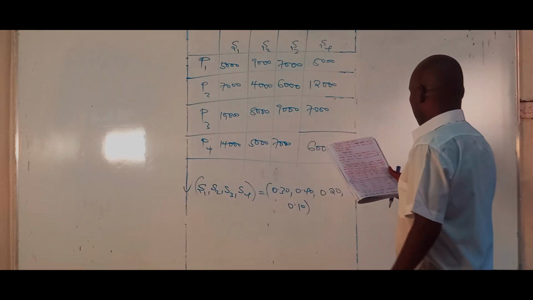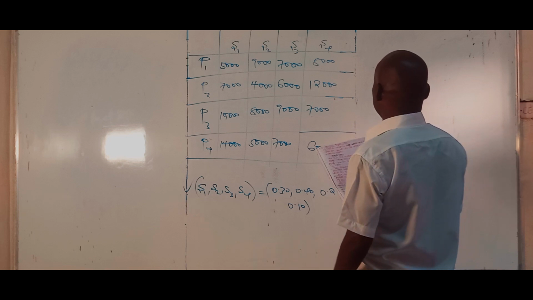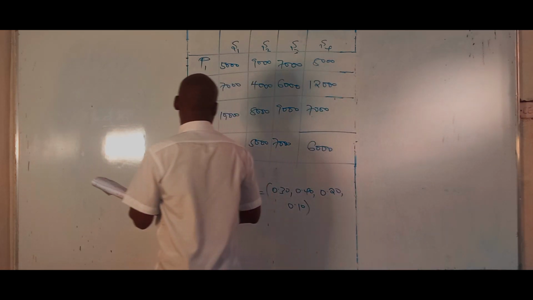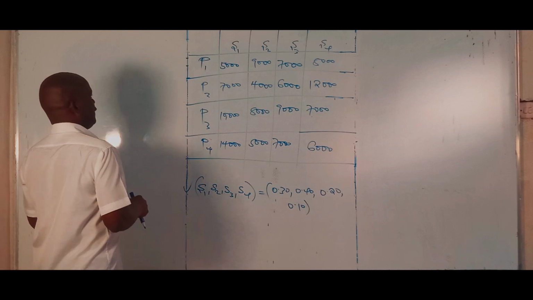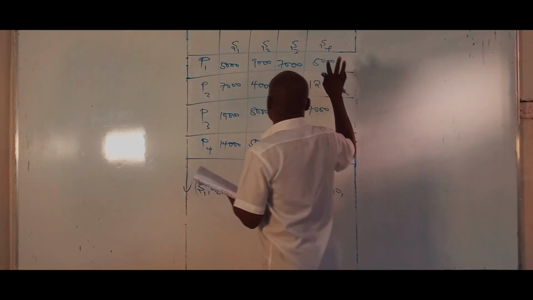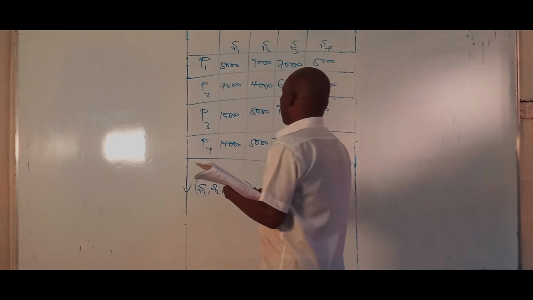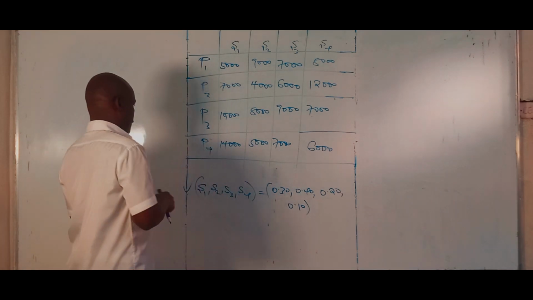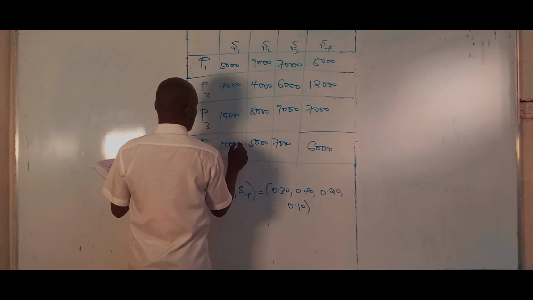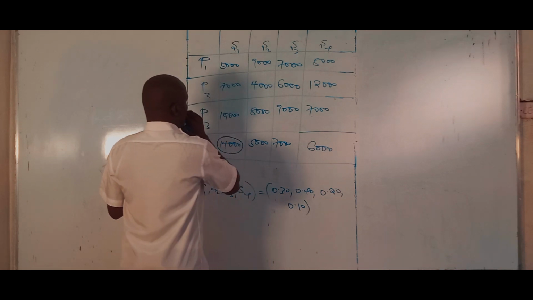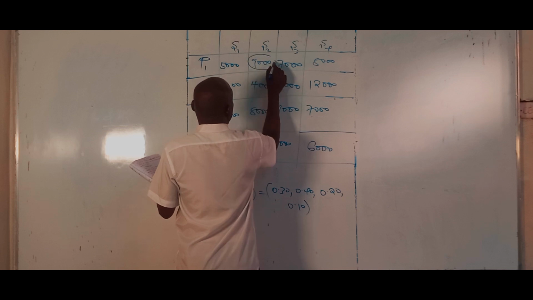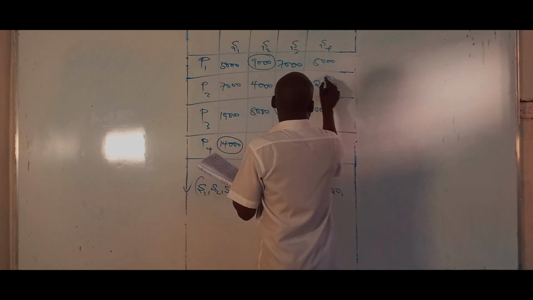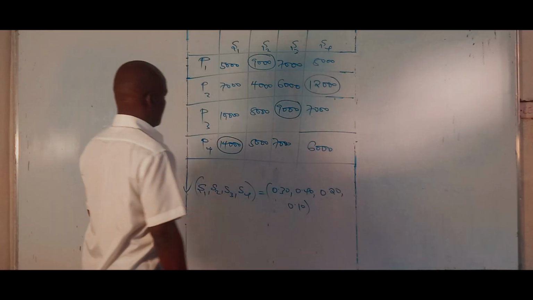So I will first identify, in each state, the product with the highest payoff. That will be 14,000. Here it will be 9,000. Here it will be 9,000. And here it will be 12,000.